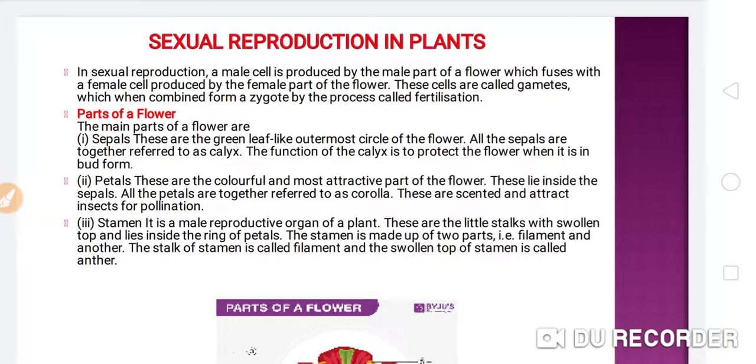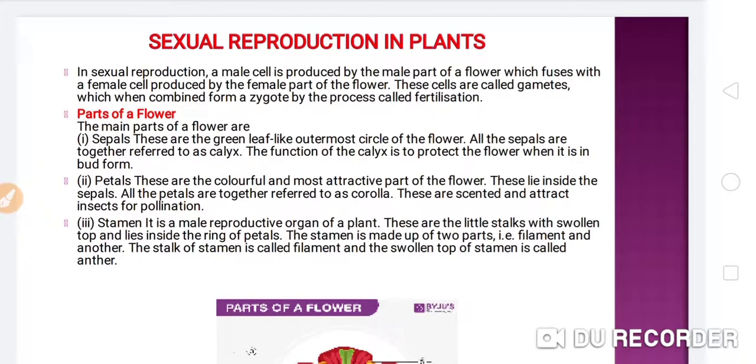These cells are called gametes, which will be fused together. These cells are known as the gametes, which when combined form a zygote by the process called fertilization. So this is known as the fertilization process.